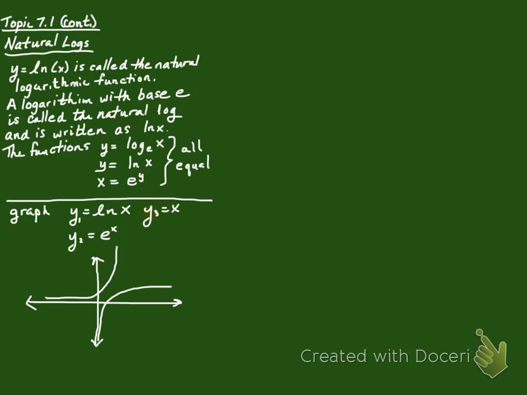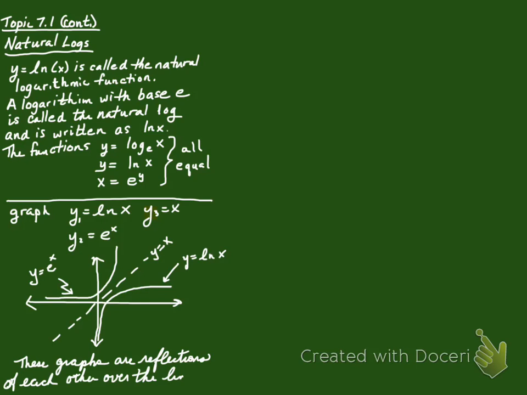Our second graph, y equals e to the power of x, looks just like an exponential function. And our last graph, y equals x, is just a line that you'll notice that this graph seems to be a reflection of. There's our labels, and we say that the graphs are reflections of each other over the line y equals x.